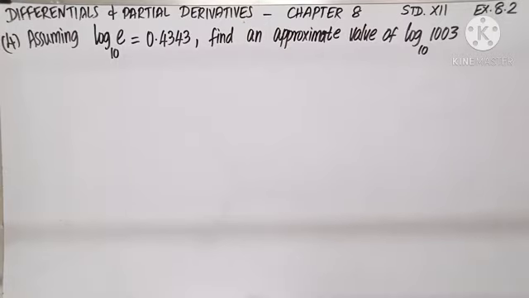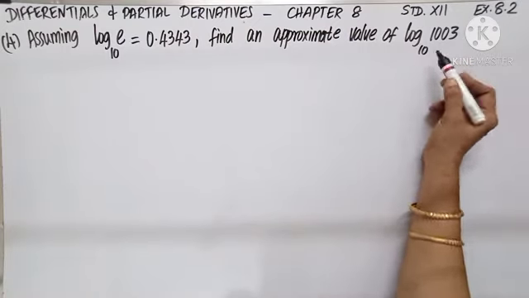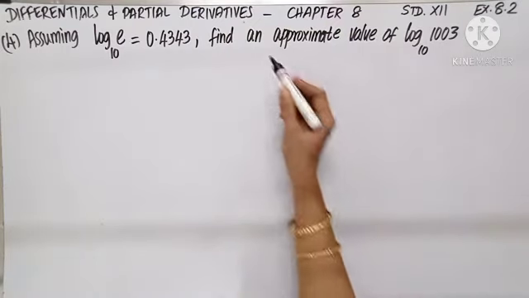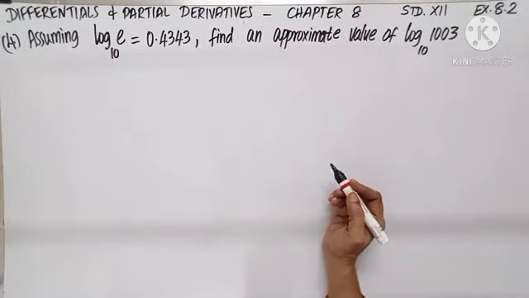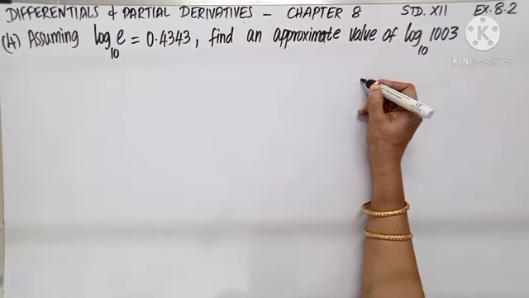Question number 4. Assuming log e base 10 is 0.4343, find an approximate value of log 1003 base 10. If you are given a question like this, approximate value, let us remember the formula.